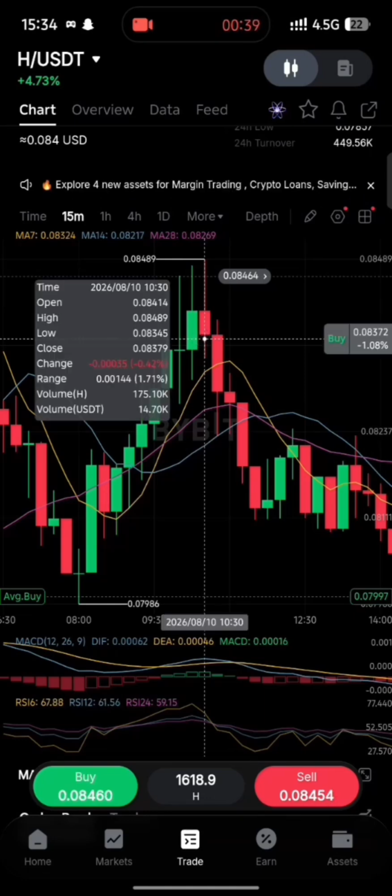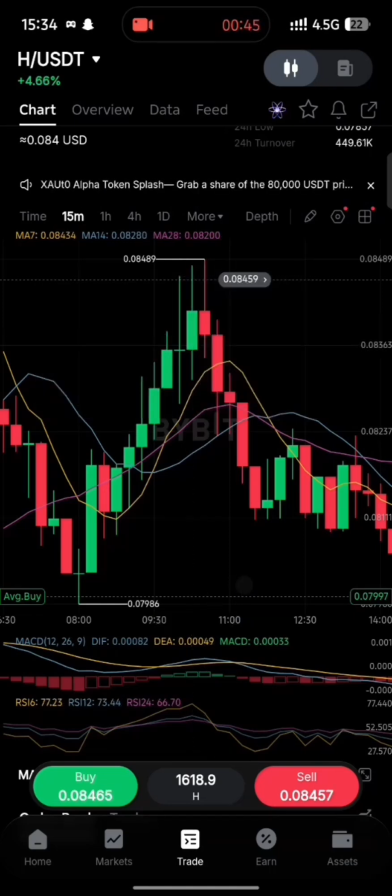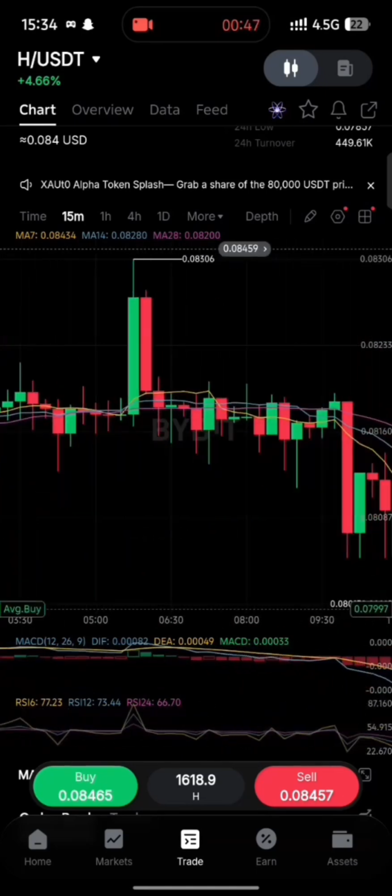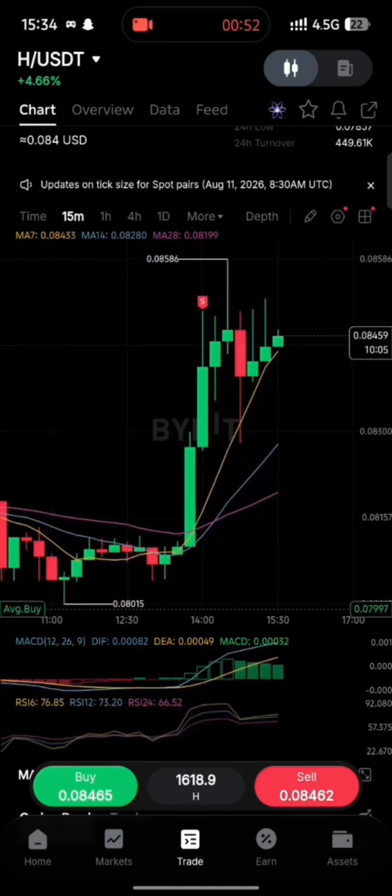So I'm just looking for something little so that I can quit the trade, because my target with this particular cryptocurrency coin is for it to be up to 0.9. So the moment I see 0.9, I'm quitting this particular trade.